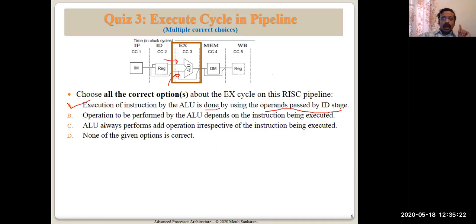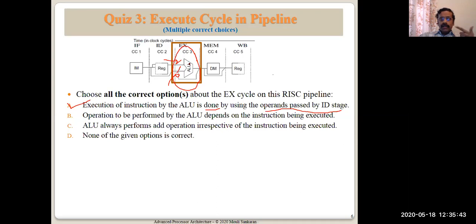Now, the operation to be performed by the ALU depends on the instruction being executed. What is the operation being done? It depends on the instruction being executed, because it is operating on operands. And what is it going to do?